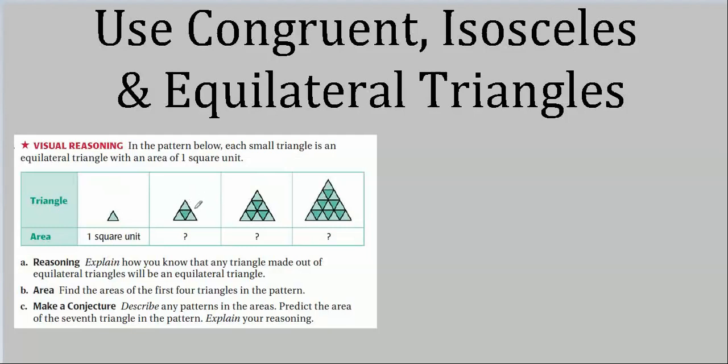This is another side of a congruent equilateral triangle, which means these two sides are congruent. It also means, by the same reasoning, this side is congruent to this side. This side is congruent to this side. This side is congruent to this side. So what do we have? Well, we end up with this whole thing.